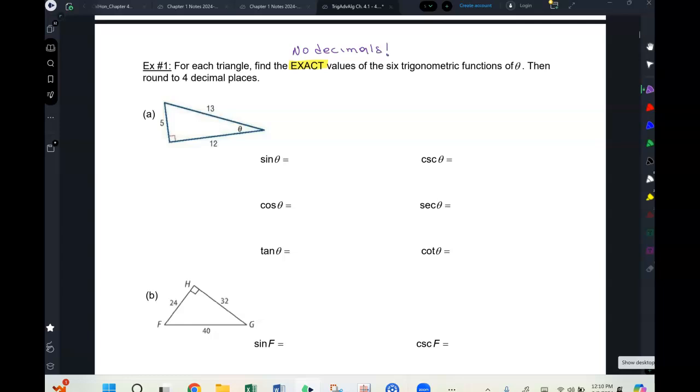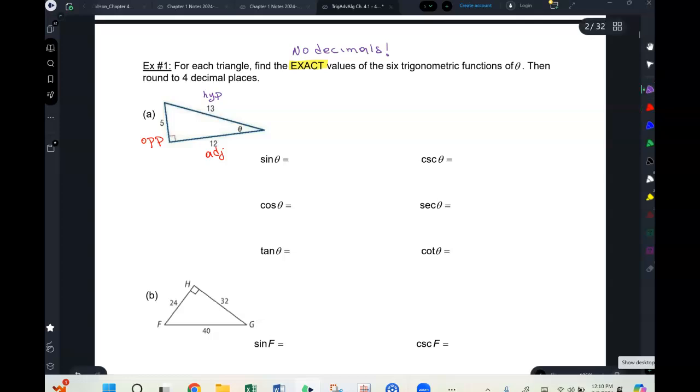Okay, so we have all this in relation to theta. The first thing you're going to do is label, right? Which one of these gets labeled as hypotenuse? 13. Which one becomes adjacent side? 12. So 5 is the opposite.